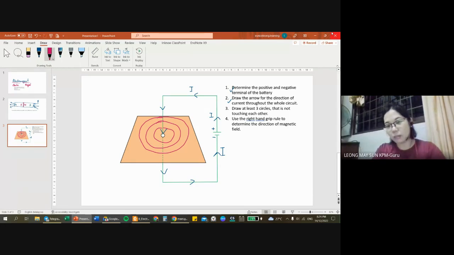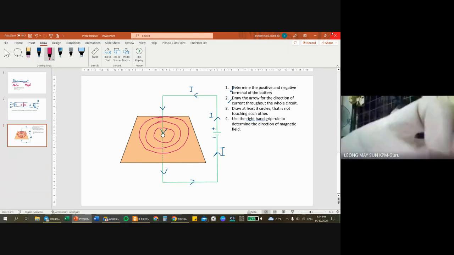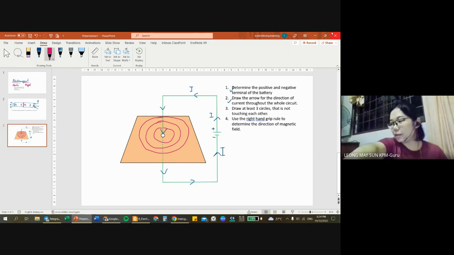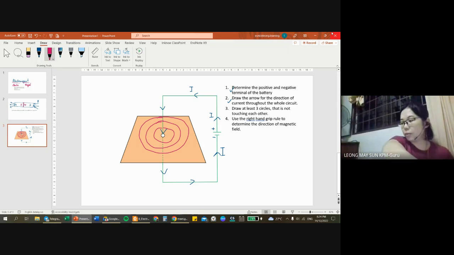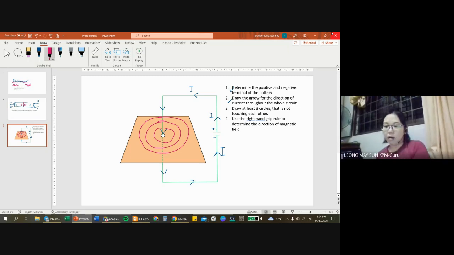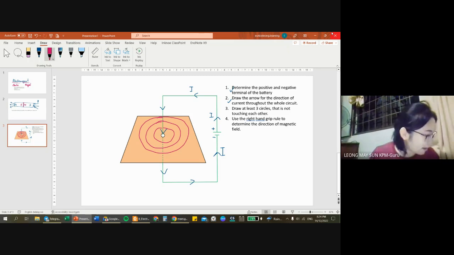What I normally do is I have the paper in front of me, and then I point my thumb downwards in front of the question paper, and on the left side of the question paper my fingers are pointing inwards, and on the right side my fingers come out. That is how I determine the direction. In this situation, hopefully you guys can see, I will try to get paper and pen the next round.